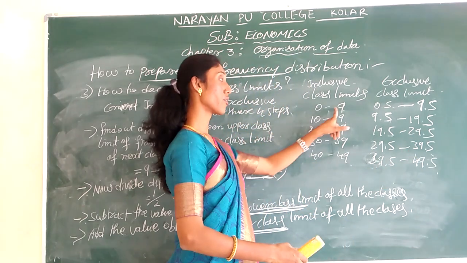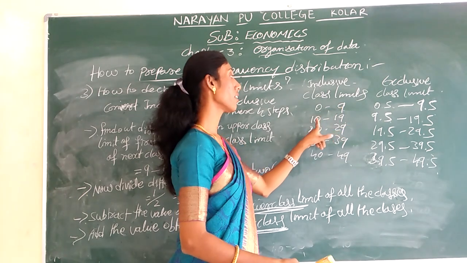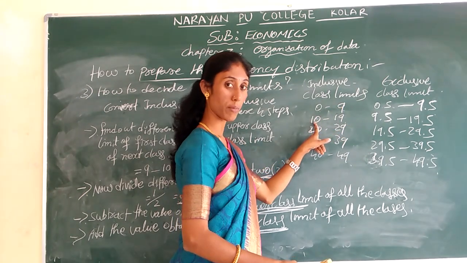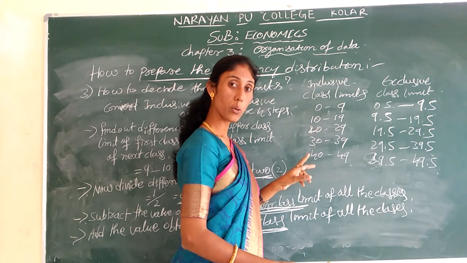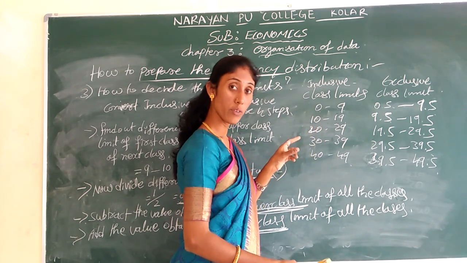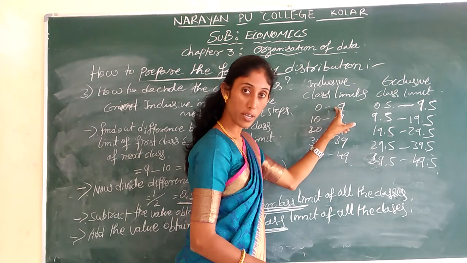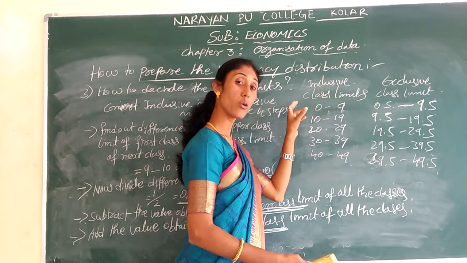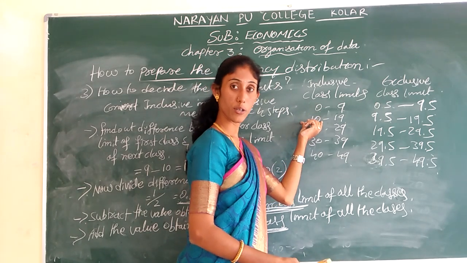We need to find the difference between the upper class limit and the next class lower class limit, and that difference value we should divide by 2. The value we get should be added to the upper class limit and subtracted from the lower class limit. Have you got it?